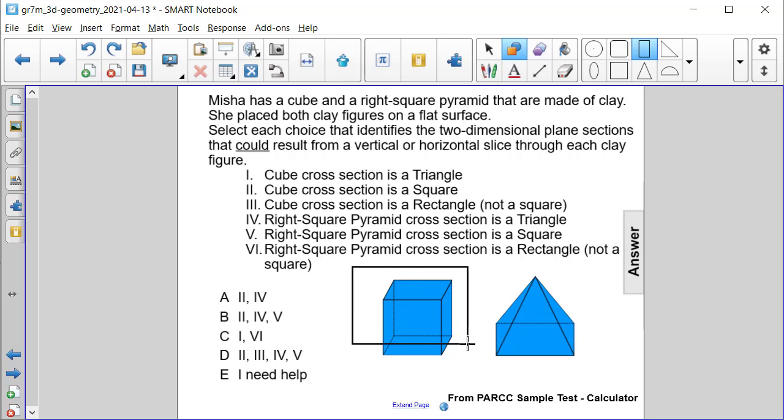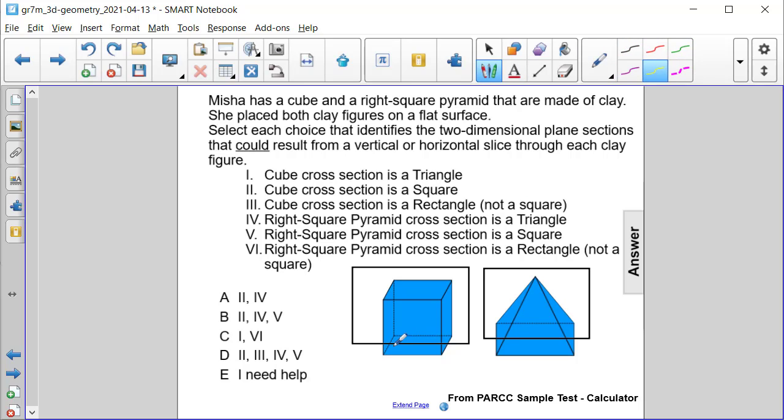So if I was to do a vertical cross-section of this cube, and I can do a vertical cross-section of this pyramid, and they can intersect the base wherever they would like. So I made the bottom line be my marker for the cross-section.